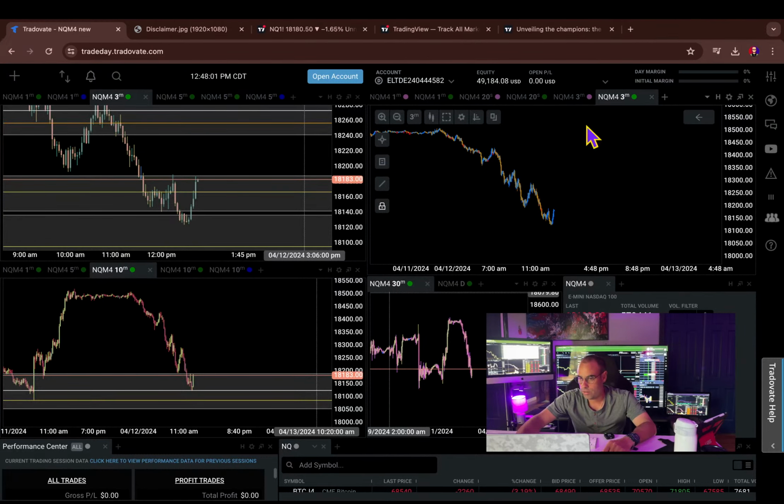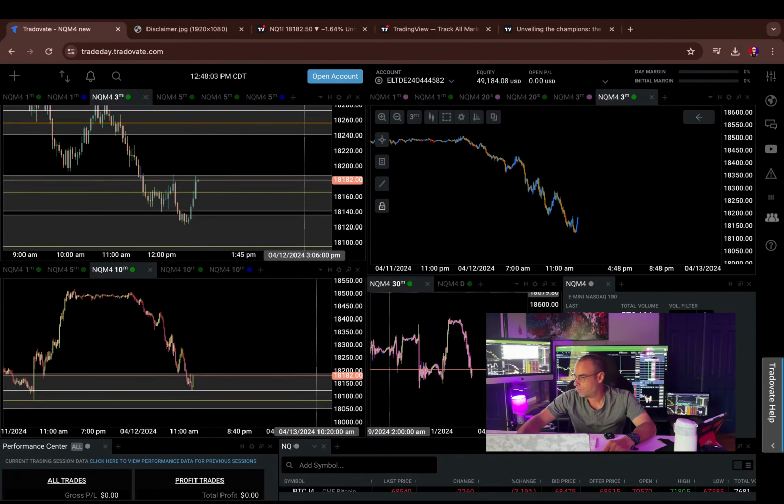It's not crazy to think that this might be a flip, but I think the zone's going to hold some resistance, unless it really shoots up, which could happen. It could happen.